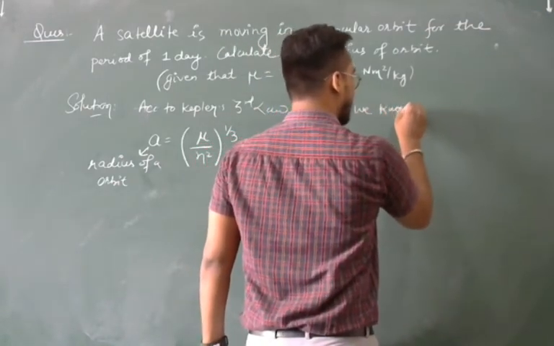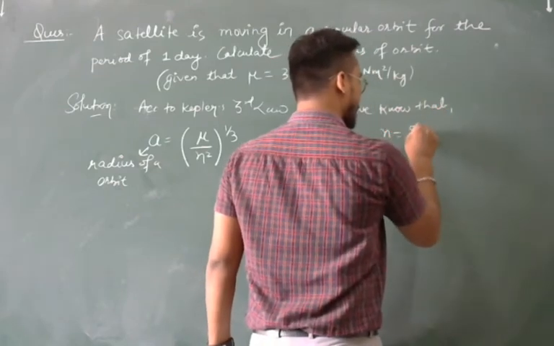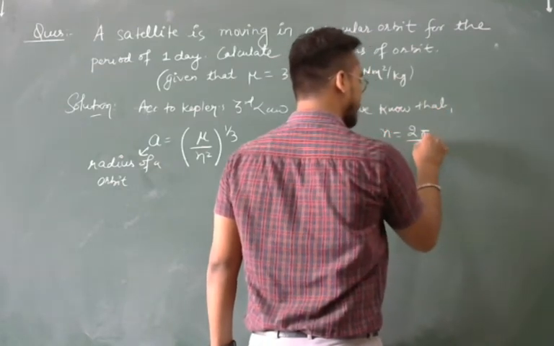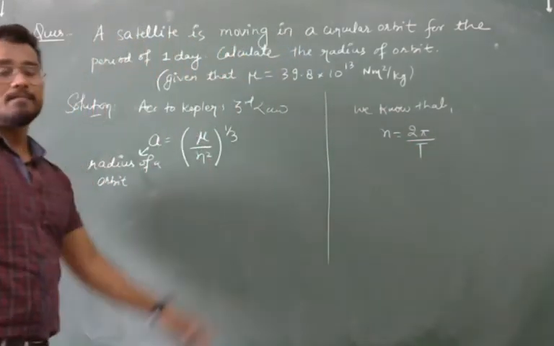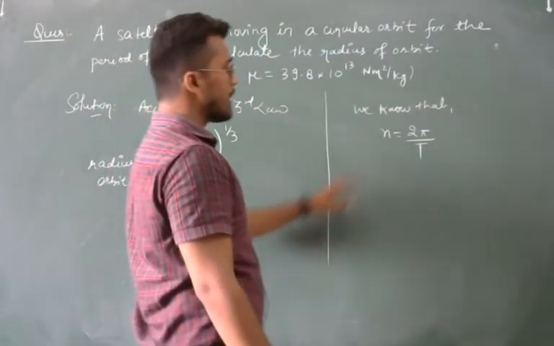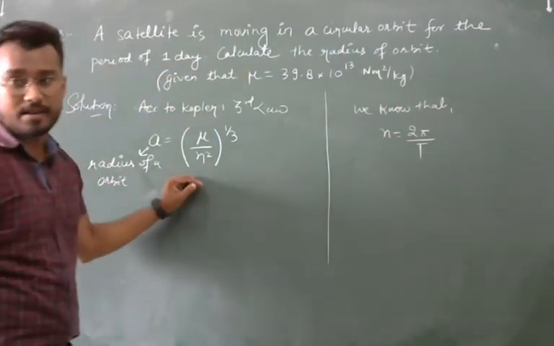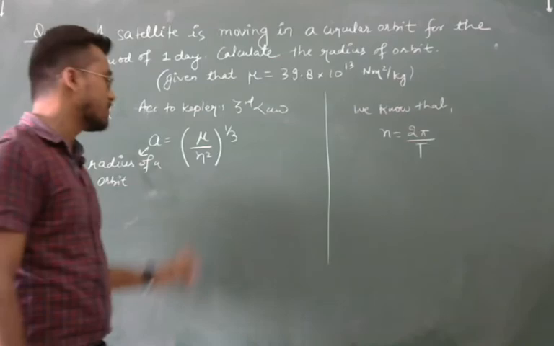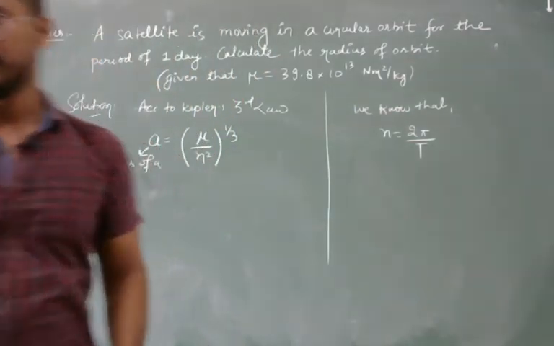We know that n is equal to 2 pi by T. Is there any problem? 2 pi by T. So if you can calculate this n value, simply you can put it down here and you are able to get the value of A. So let me hold the calculator.